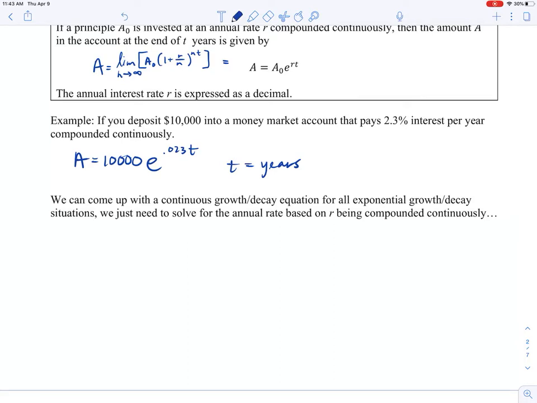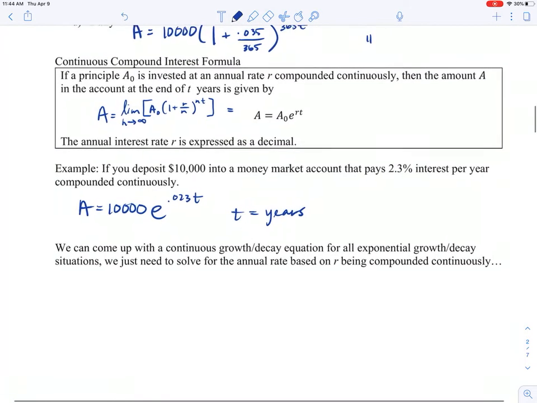Okay, and we can actually come up with continuous growth and decay equations for all or most exponential growth and decay situations. We just have to solve for the annual rate based on r being compounded continuously.